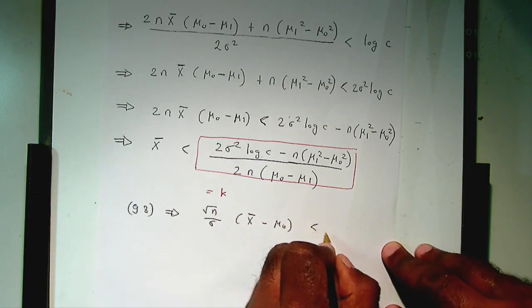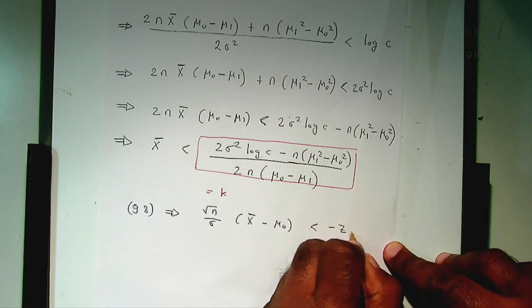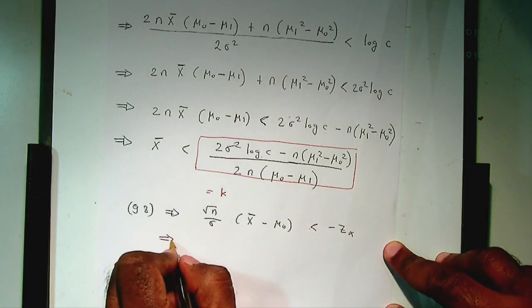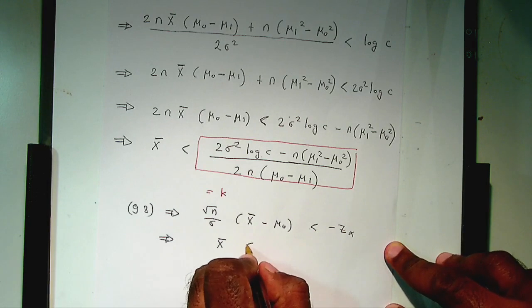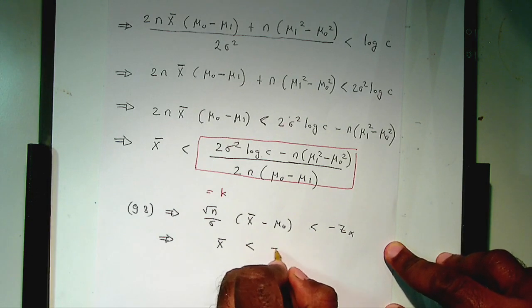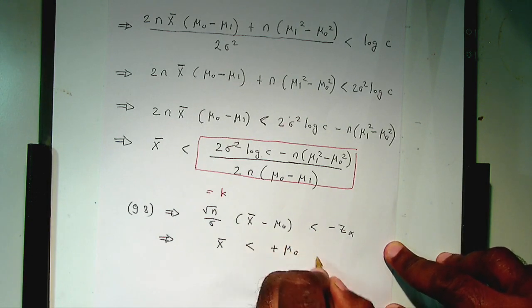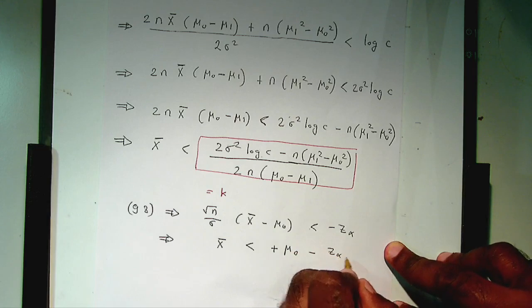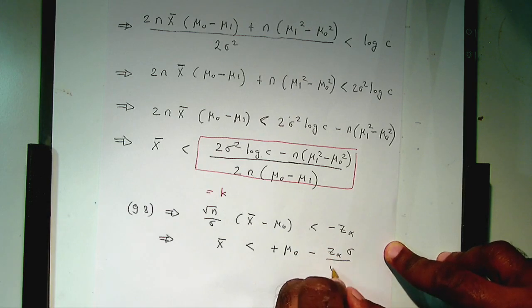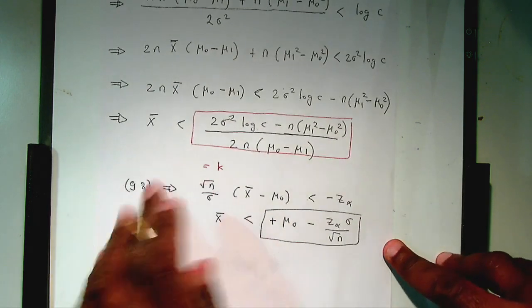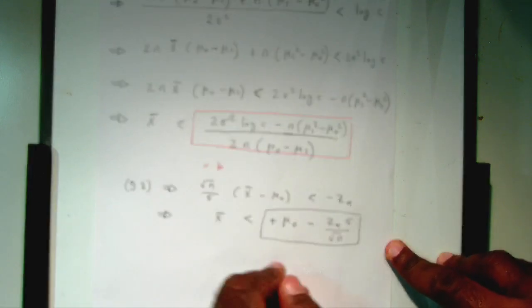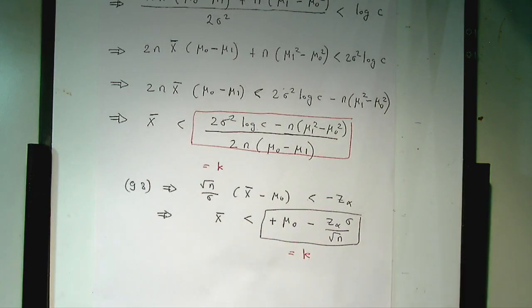This is what you have. Now, if you rearrange this equation, what you have is x bar less than mu0 minus z alpha sigma divided by root n. And you can call this the same constant k, right?